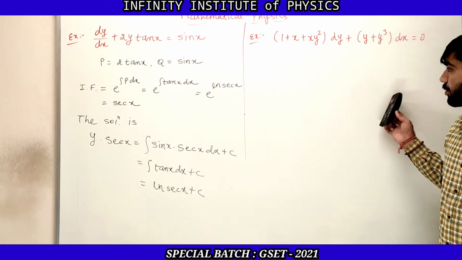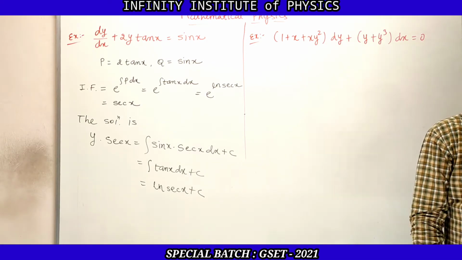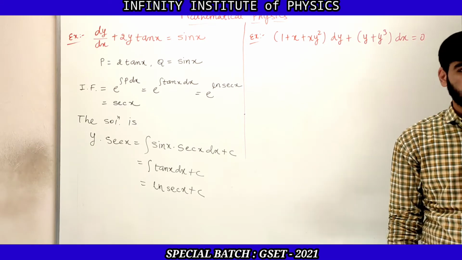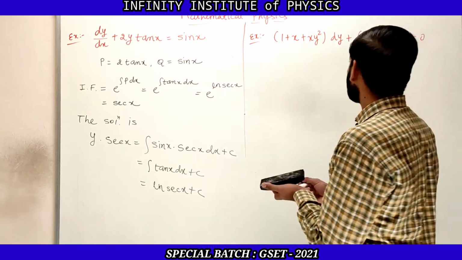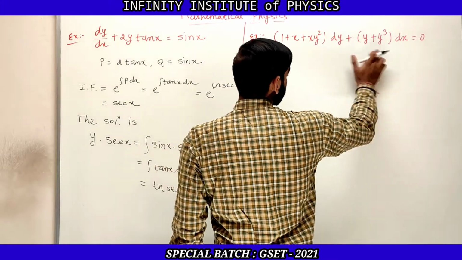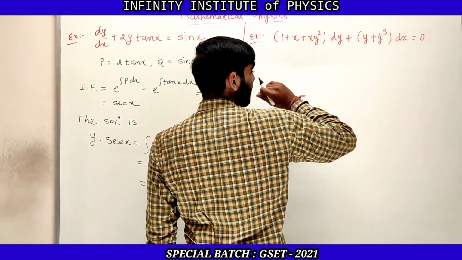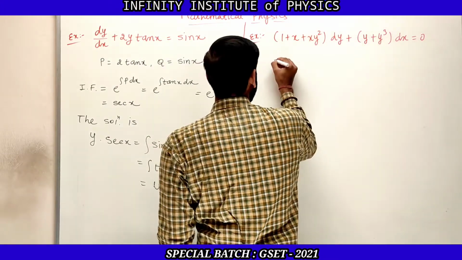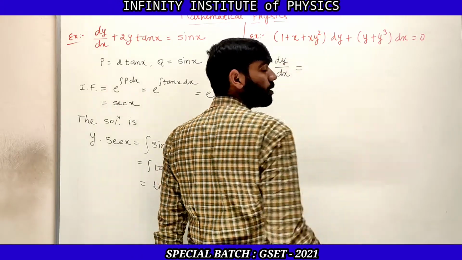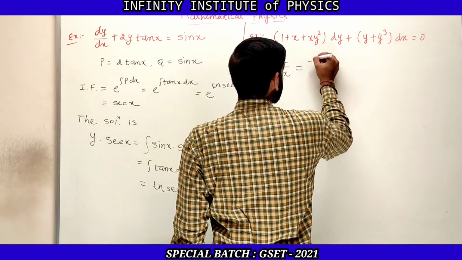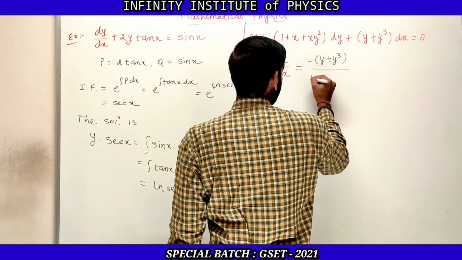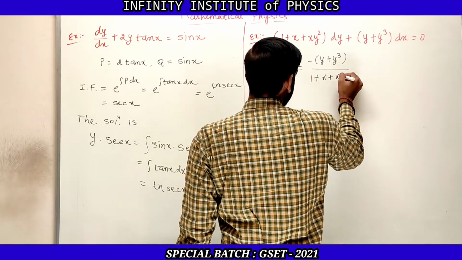So first of all you need to convert it in the form of dy by dx plus py is equal to q or dx by dy plus px is equal to q. Whatever form you can consider, that you have to consider. So now first of all let us make it as a dy by dx. So dy by dx, that will be minus of y plus y cube upon 1 plus x plus xy square.